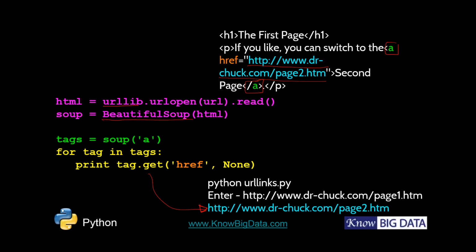What's the None mean in the parentheses in the get function? Print tag get, None, right? See, every method has got multiple parameters, right? This parameter we are not specifying, that's why we have given None.